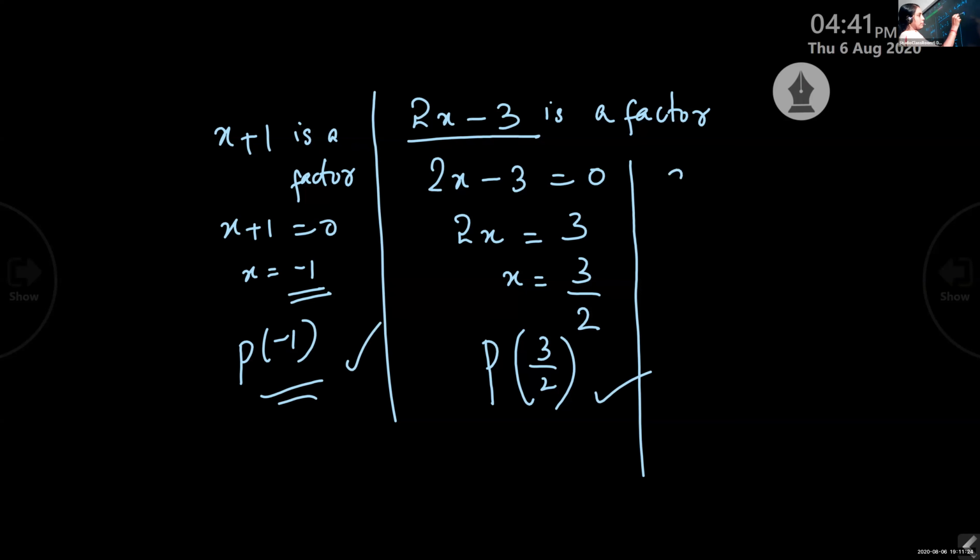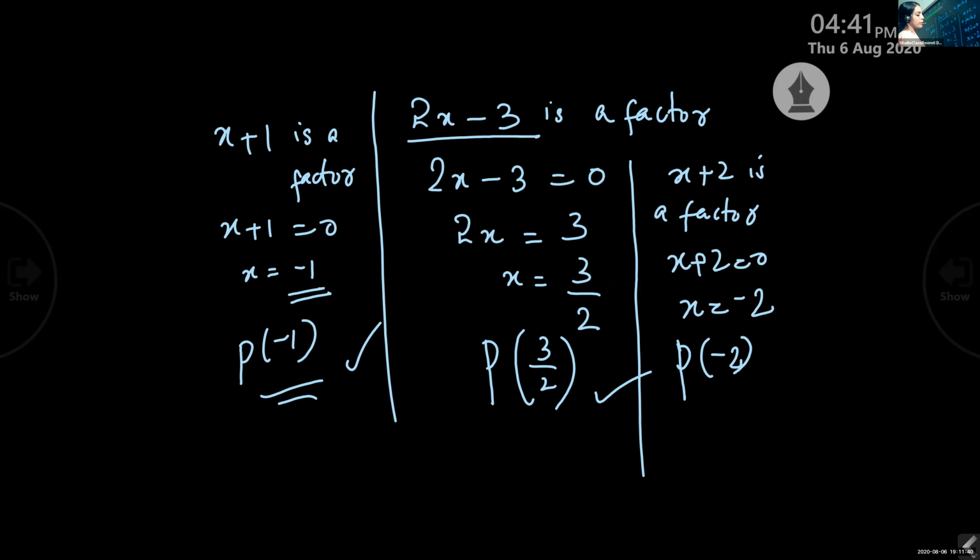Suppose if x plus 2 is a factor, how will you proceed? X plus 2 equal to 0, shift this to the right side and x equal to negative 2. So p of negative 2. Did you understand how you are getting that negative 2? Yes, ma'am.